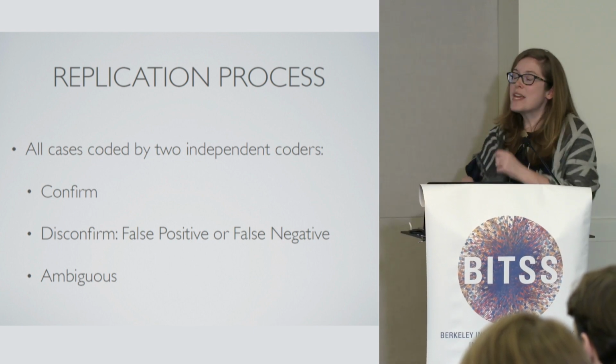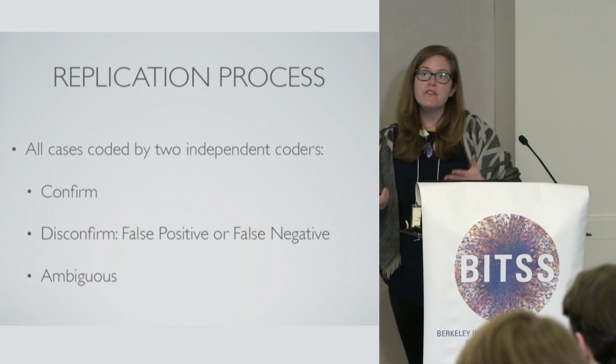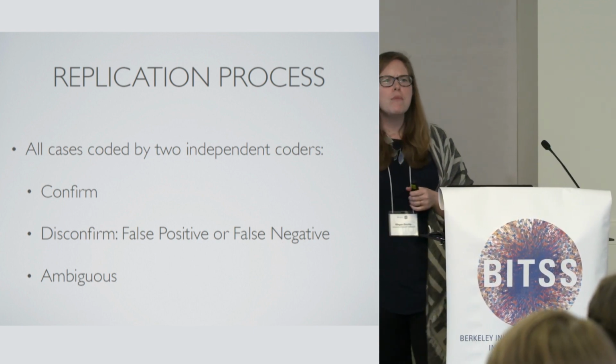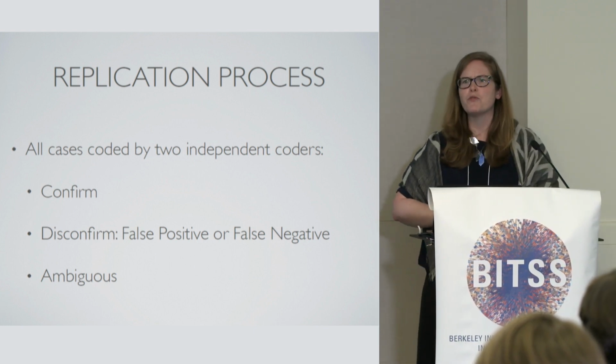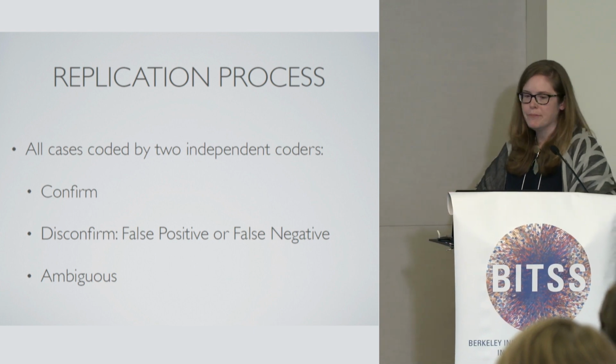So once we had all of those pieces in place, it was time to do the replication. Each of the individual cases was coded by 2 independent coders on the team, and most team members were responsible for either 2 or 3 of the cases included in the 13.